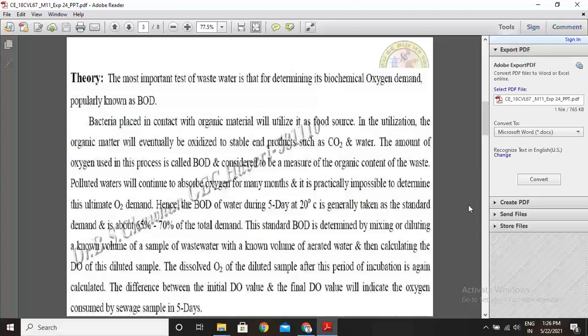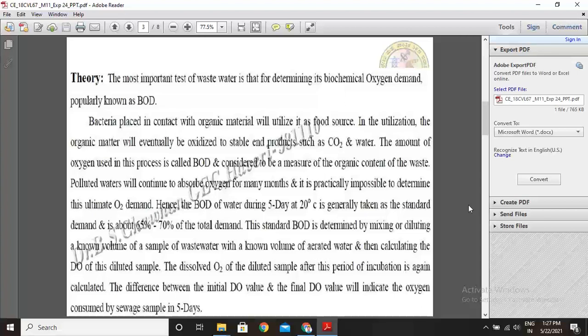Polluted waters will continue to absorb oxygen for many months, and it is practically impossible to determine this ultimate oxidized demand.